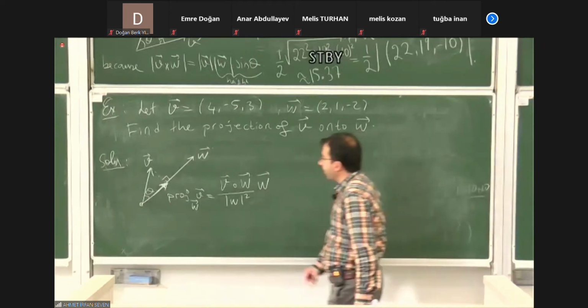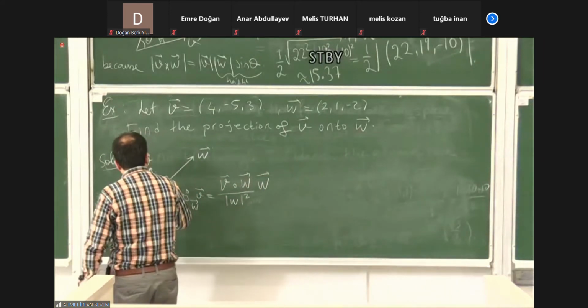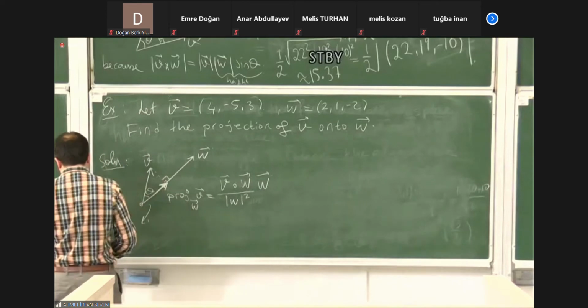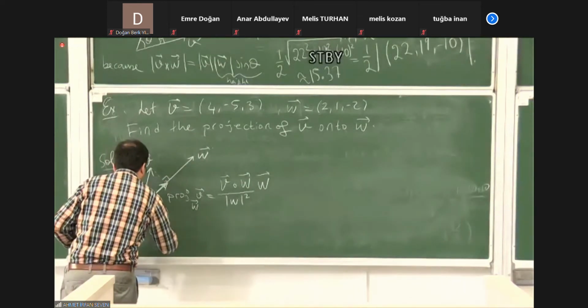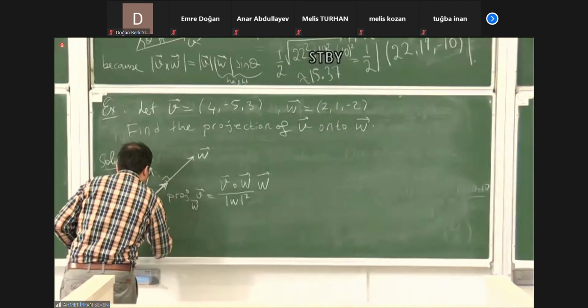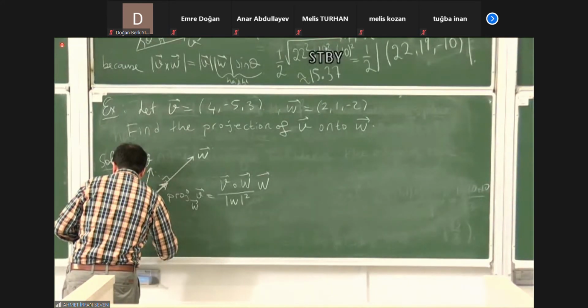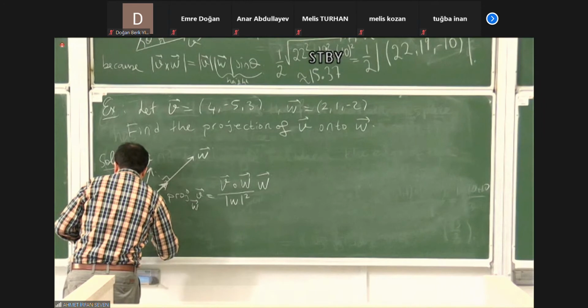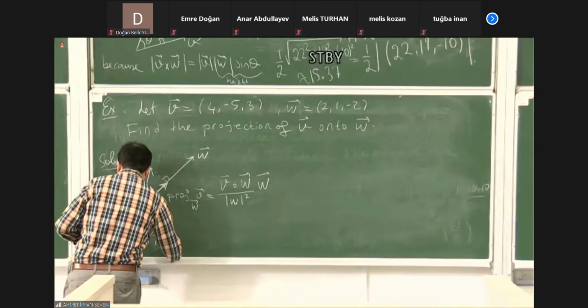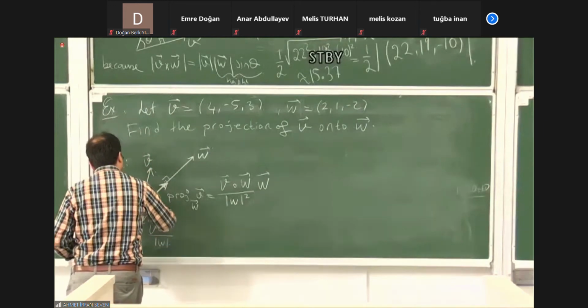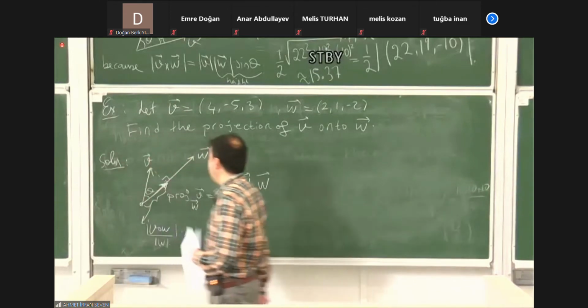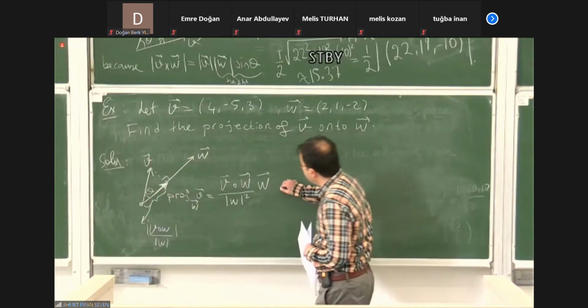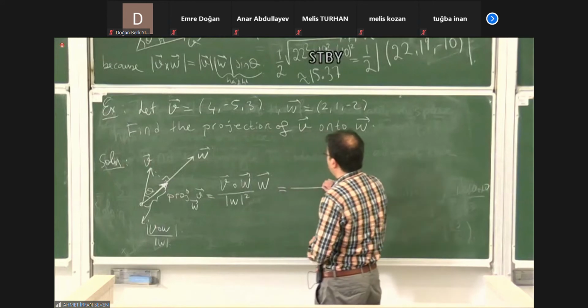The reason is that this component here will be equal to V dot W over the length of W. So this length I'm talking about will be like that. Okay, let's now compute these numbers.